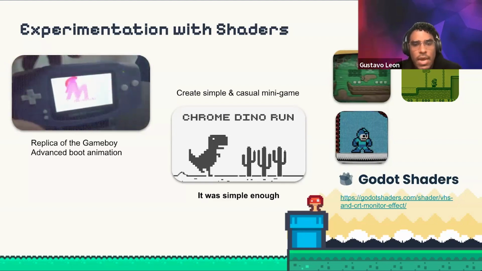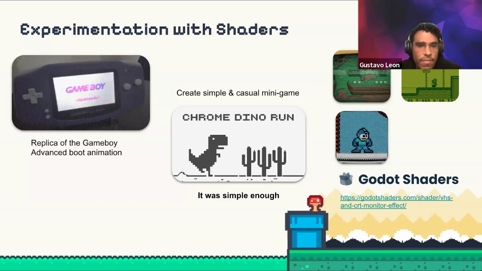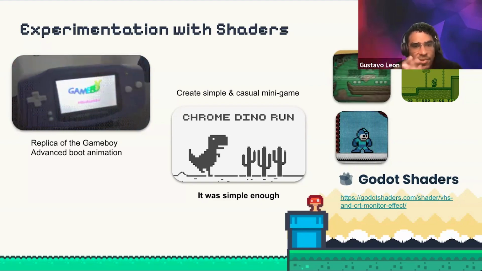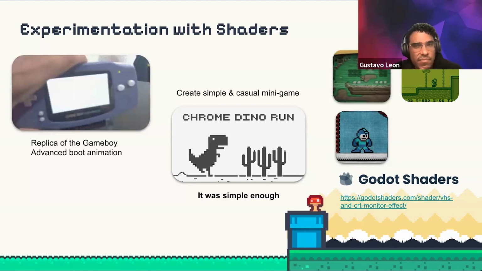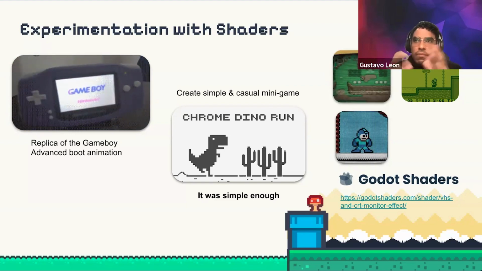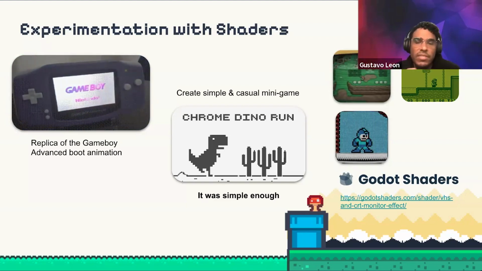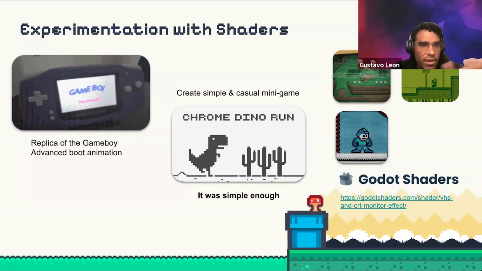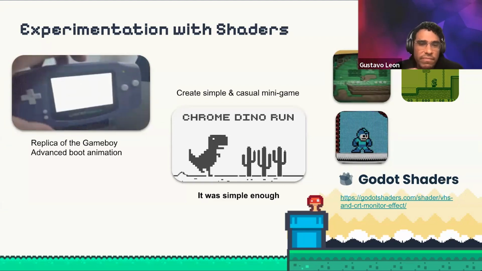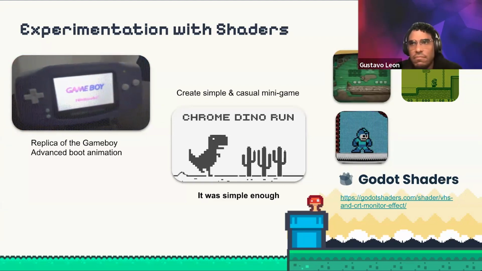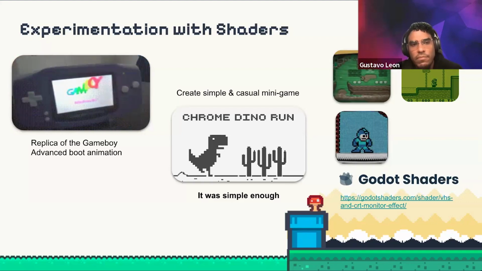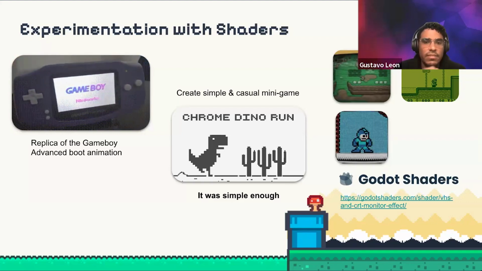I initially considered making a Flappy Bird clone, but that idea didn't convince me at all, since we already implemented it in some of the game jams we participated in previously. So I thought maybe another game would be a good candidate.